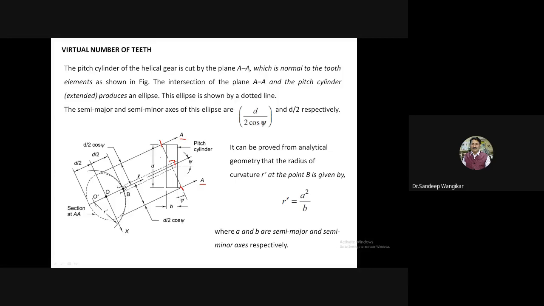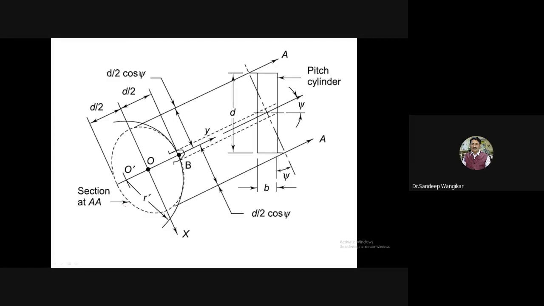So the extended profile and the intersection of the plane produce an ellipse. The ellipse is shown by a dotted line on this side. Before proceeding, I want to give you some highlights. This is a somewhat bigger image, and here we can understand it clearly.